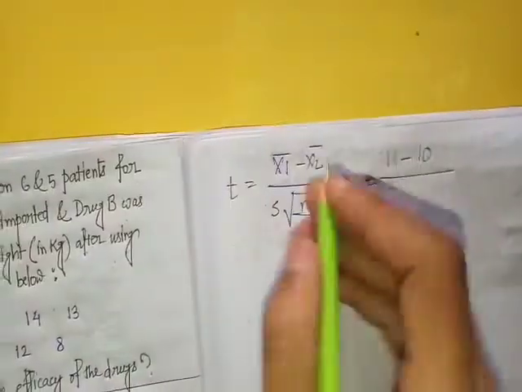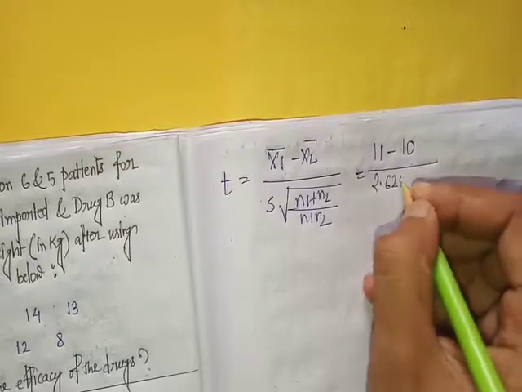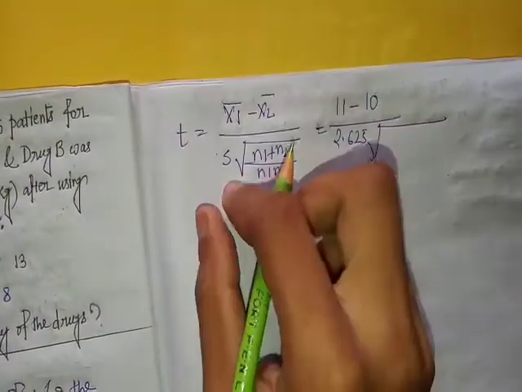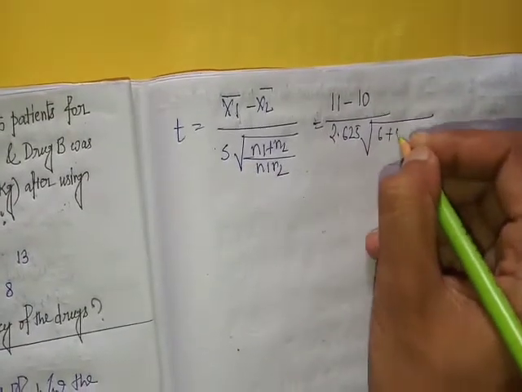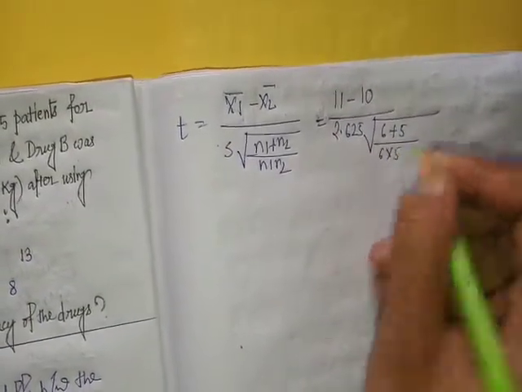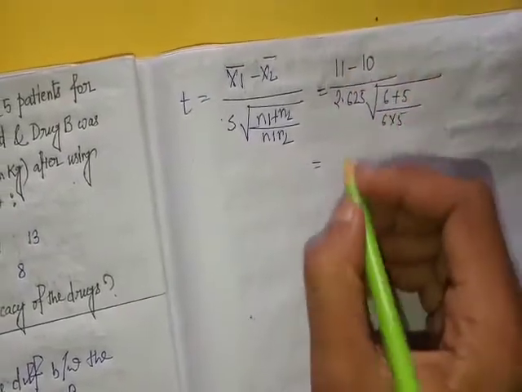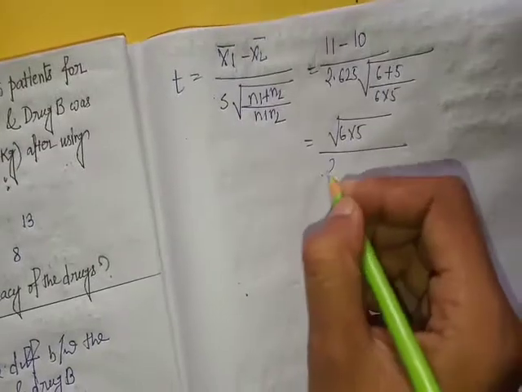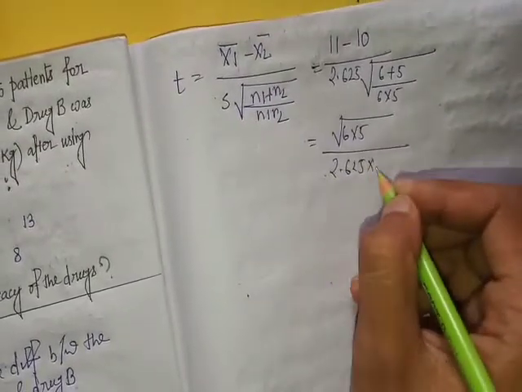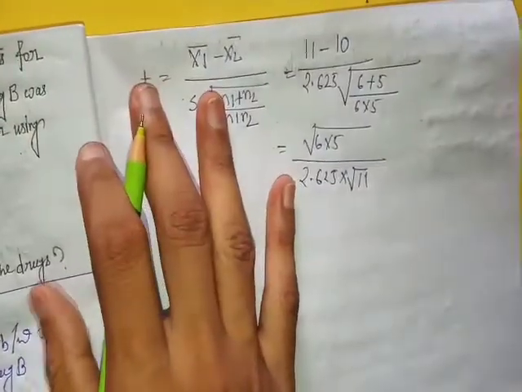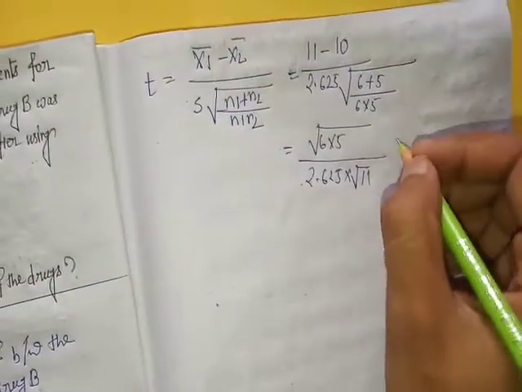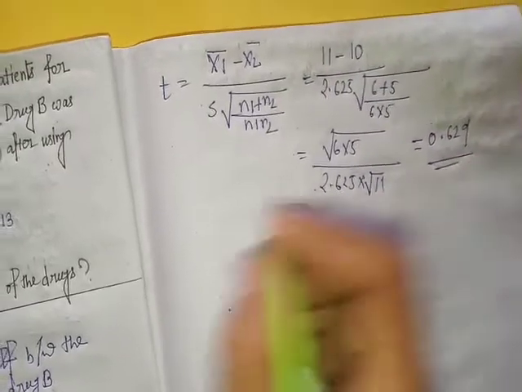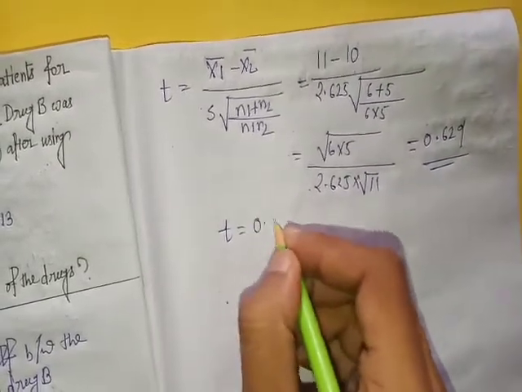So t equals 11 minus 10, which is 1, by 2.625 into root over 6 plus 5 by 6 into 5. After calculation we get the value of t as 0.629. So this is the calculated value of t.